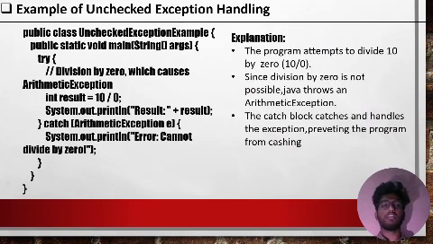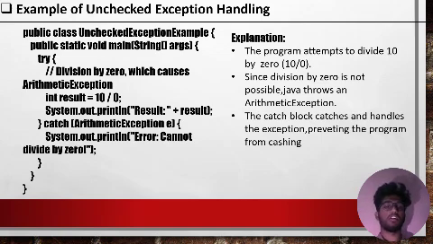Here is an example of unchecked exception handling source code. We use public class UncheckedExceptionExample, same as the checked example: class name, public static void main(String[] args), and a try block. If we do 10 divided by 0, you get an error.